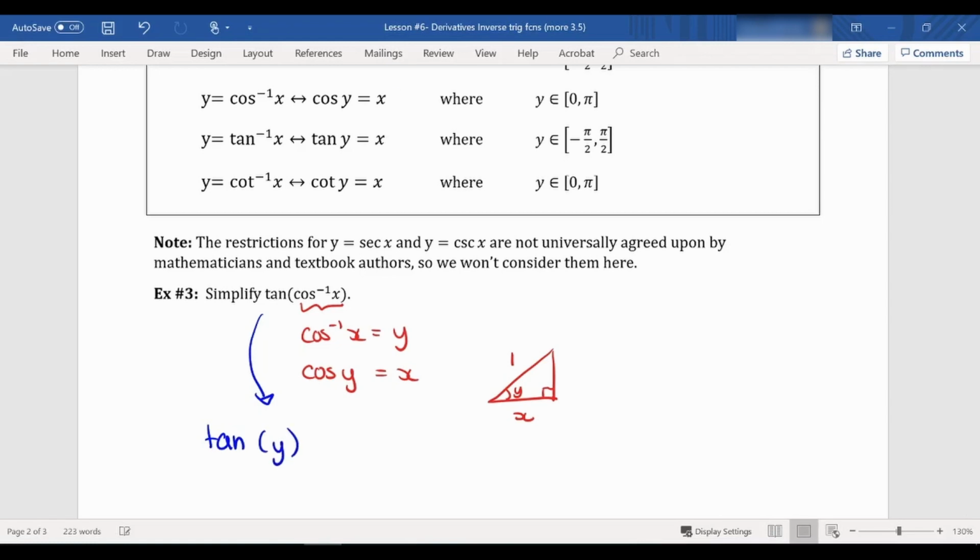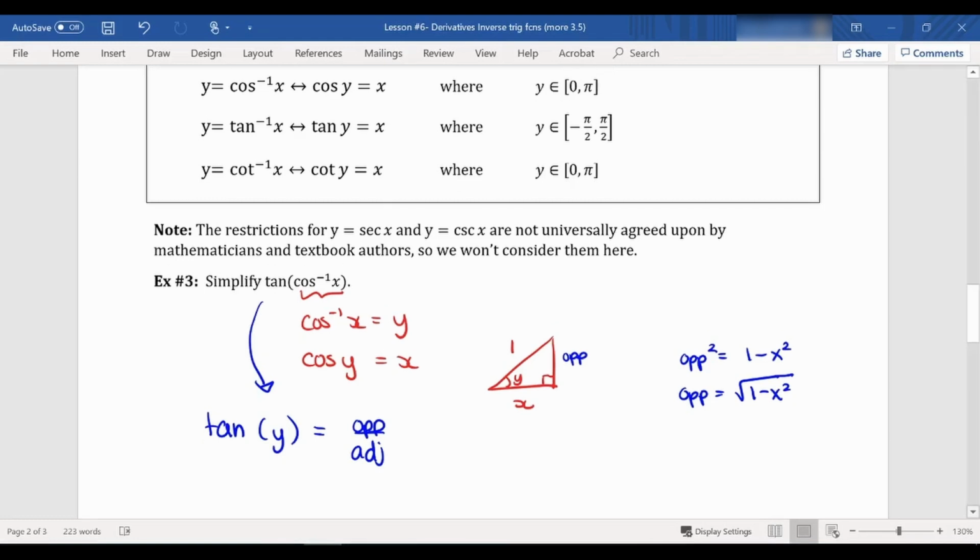Okay. This means I'm finding tangent of y, since I said that cosine inverse was equal to y. So if I want to find tangent of y, I know this is opposite over adjacent. So I probably need to find an opposite side value here. So my opposite squared would be 1 minus x squared, which means my opposite side is going to equal the square root of 1 minus x squared.